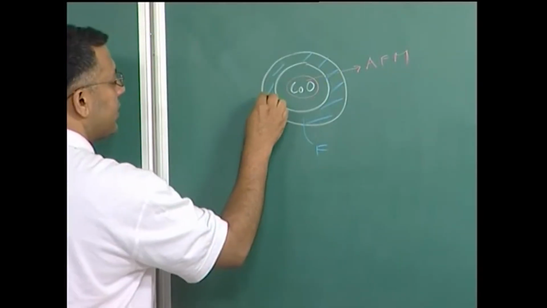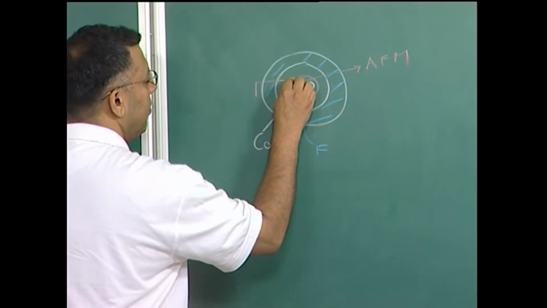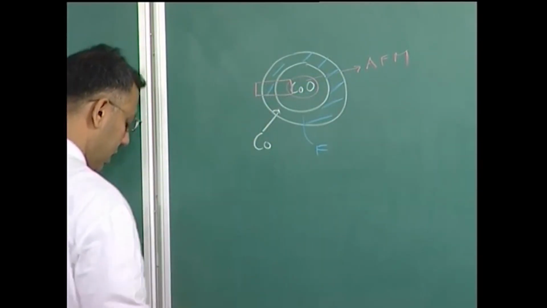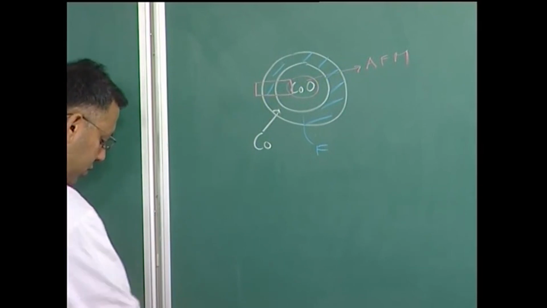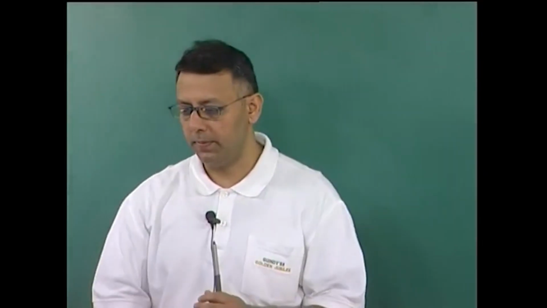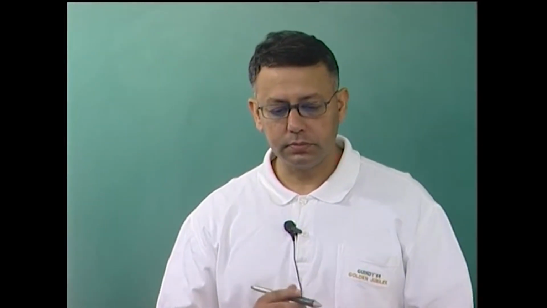We are actually now focusing on this interface region between the two. So, this is the region we are zooming in on in this picture. So, this kind of configuration is what we are seeing. We have an antiferromagnetic layer and a ferromagnetic layer adjacent to each other.